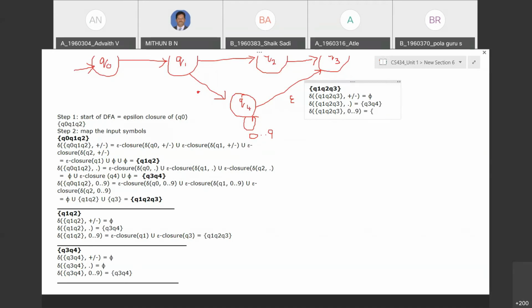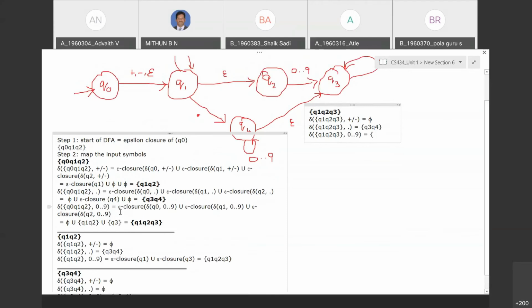Q1, Q2, Q3 with 0 to 9. We need to obtain so many things for that, so I just split it. It is epsilon closure of Q1 with 0 to 9, which is Q1 itself, union epsilon closure of Q2 with 0 to 9, which is Q3, union Q3 with 0 to 9, which is Q3 again.